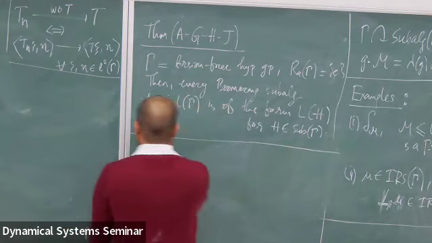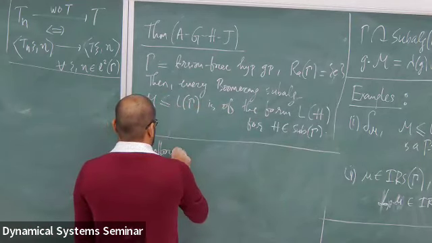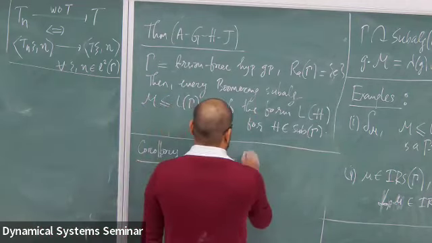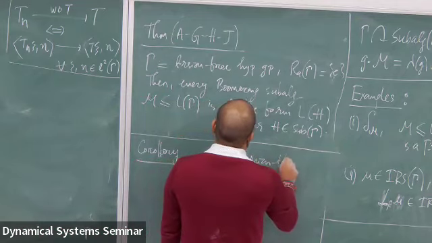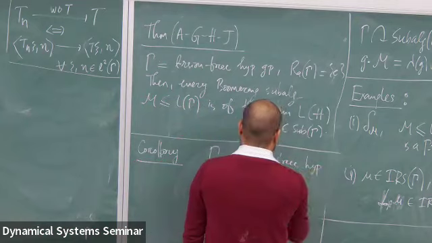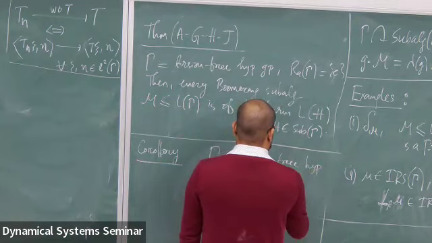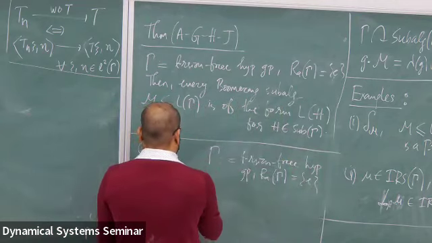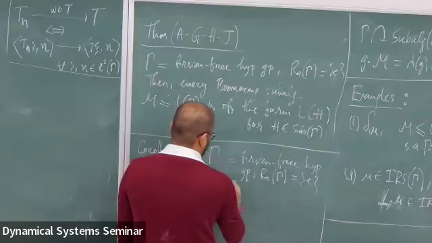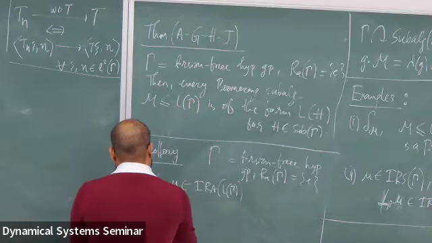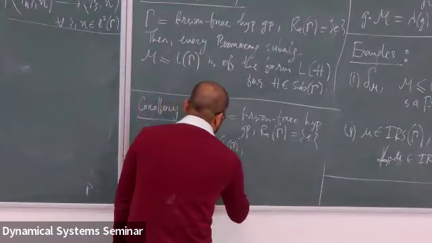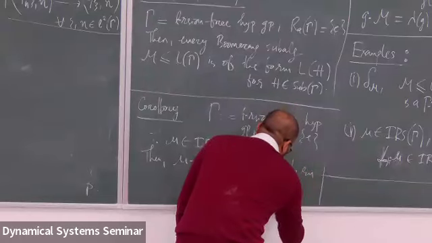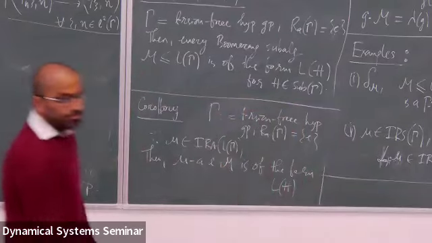So as a corollary, because of the recurrence theorem, it follows that if gamma is a torsion-free hyperbolic group with trivial amenable radical, and mu is an IRA, then mu almost every M is of the form L of H for some subgroup.